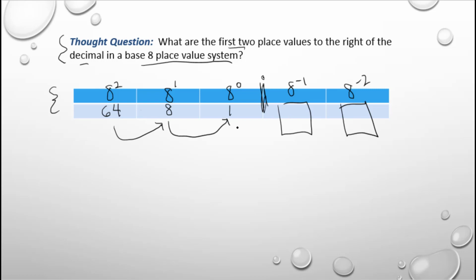So we take 1 and divide it by 8. So the first place value is 1/8. And the second place value, hopefully you can recognize the pattern, is 1/64. In any place value system, you should be able to build that.